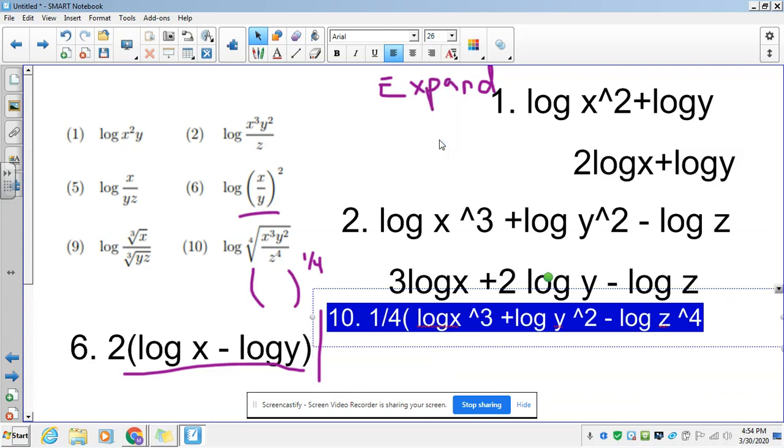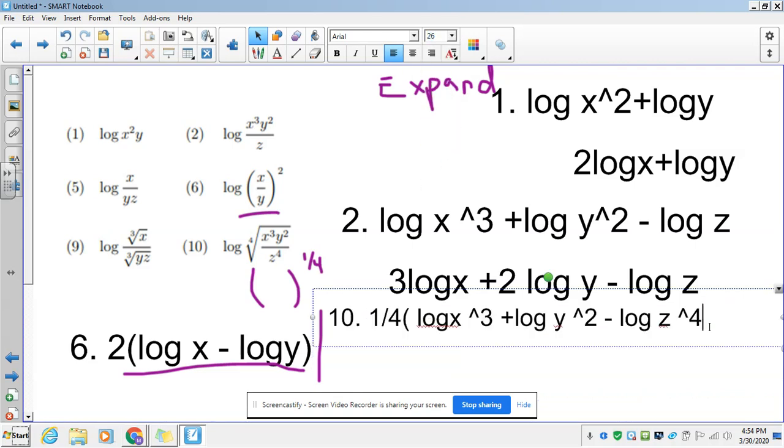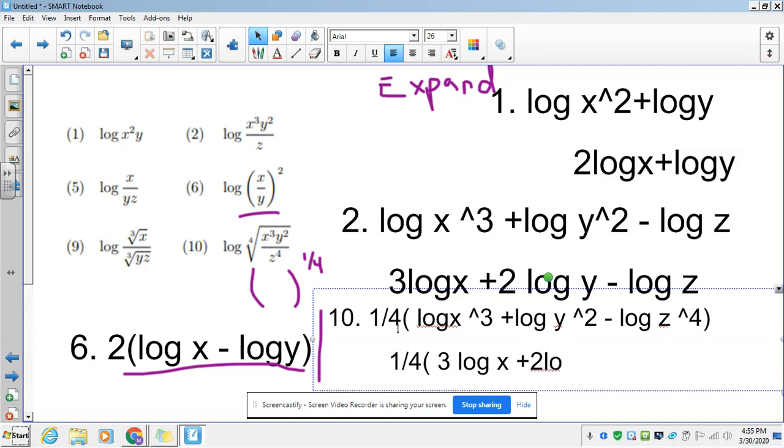Otherwise, sometimes we need to show our work to be able to be accurate. So now I'm going to go ahead and deal with those powers that I haven't dealt with. So I did the first power because it was on everything. And now I could go back and do the rest of the powers. So the 3 would have to go out in front, plus 2 needs to go out in front of that one, and then minus the 4 goes out in front of the last one. And then that would be your final answer.